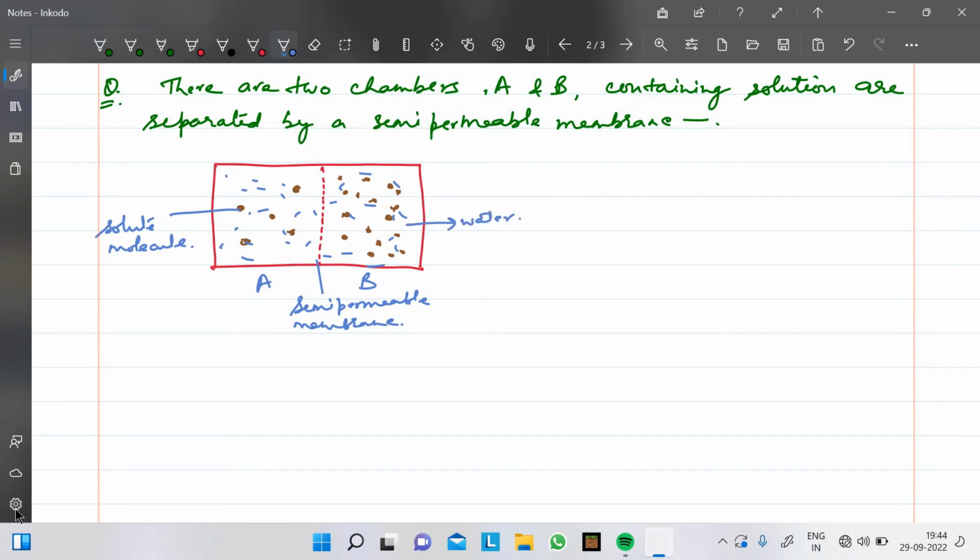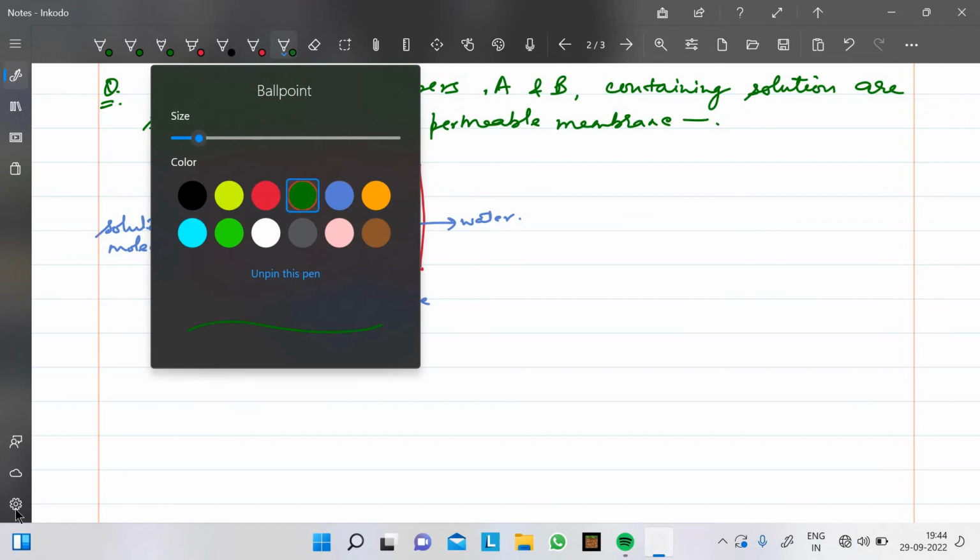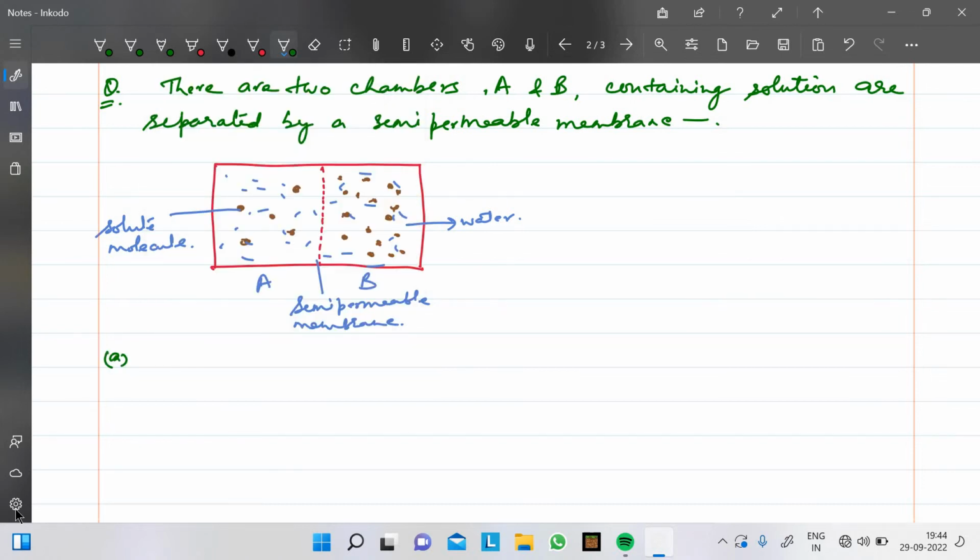Now the first question is: the solution of which chamber has a lower water potential?